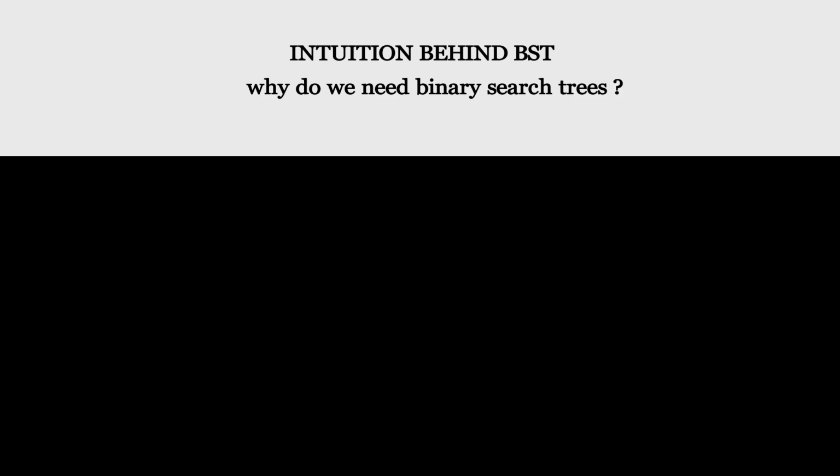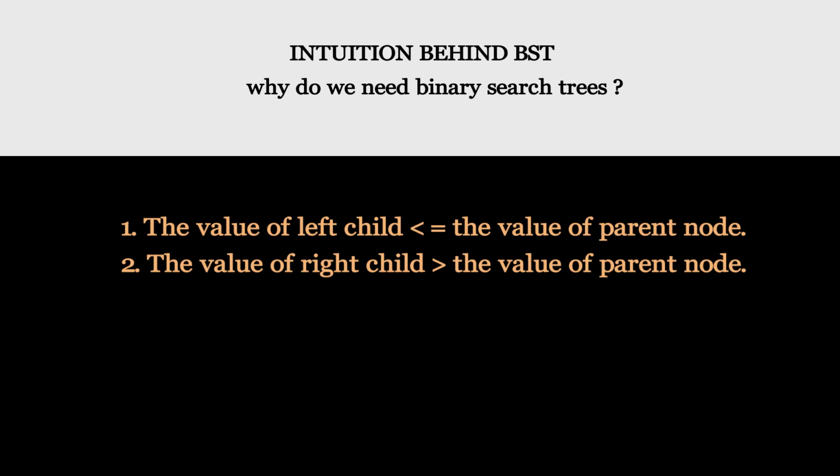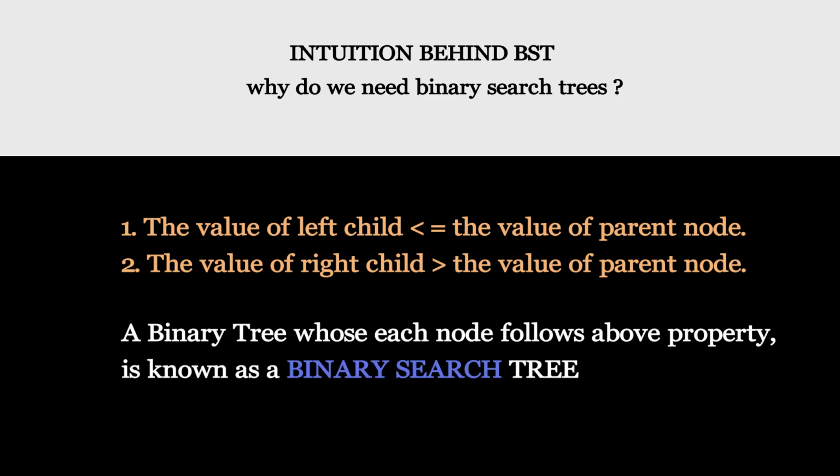And that property is, for every node in a binary tree, the value of the left child node is always less than or equal to that of its parent, and the value of the right child node is always greater than that of its parent. If this property is maintained throughout a binary tree, we name such a binary tree a binary search tree. Note the name binary search tree.